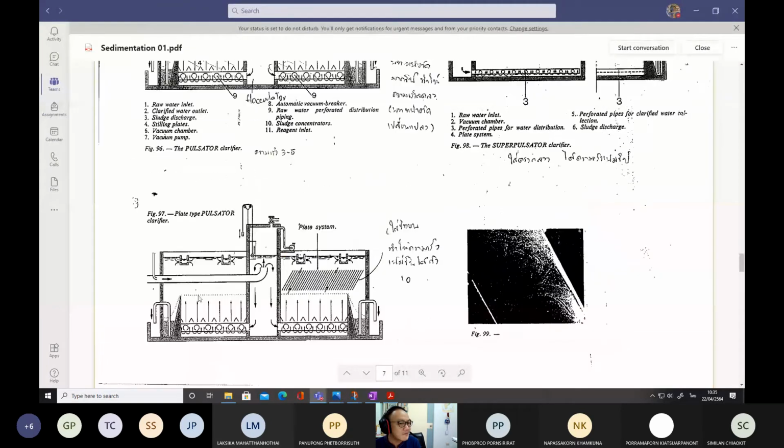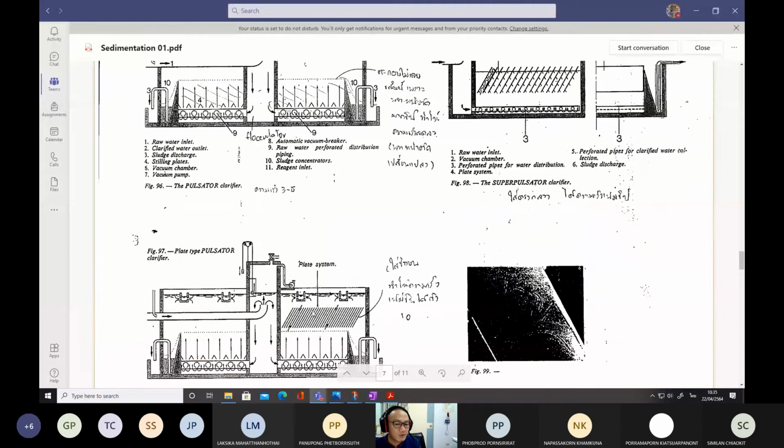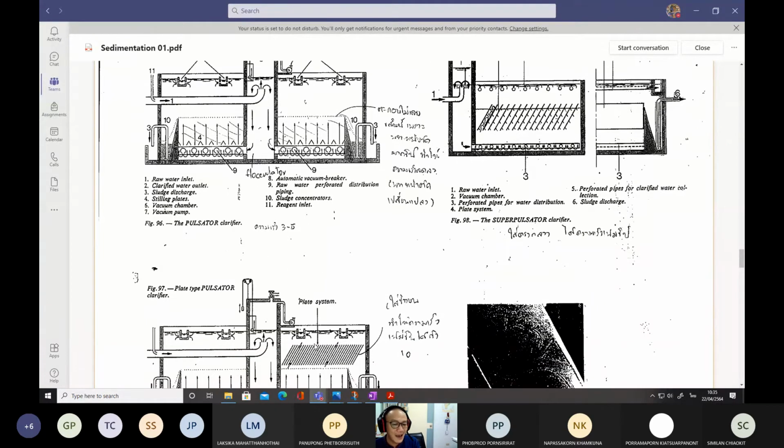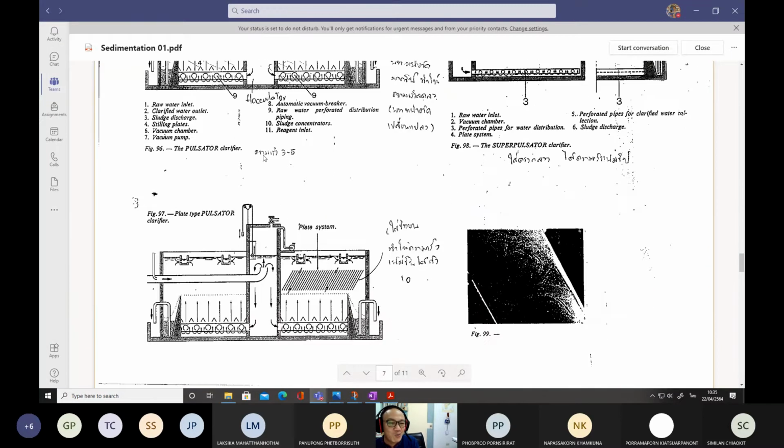So this figure is also the pulsator, but it is an upgrade of this conventional pulsator chamber. This pulsator clarifier can actually process water up to 3 to 5 meters per hour.